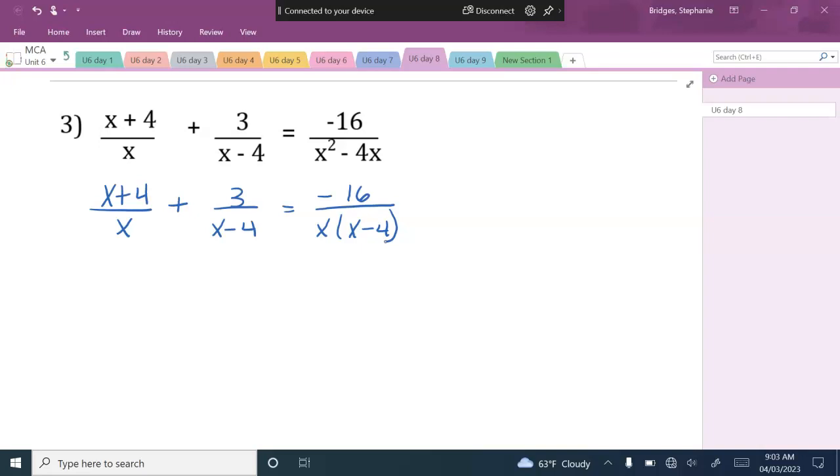I rewrote my questions and I factored the only denominator that I can factor. For my restrictions, what makes that first fraction's denominator turn to 0? 0.